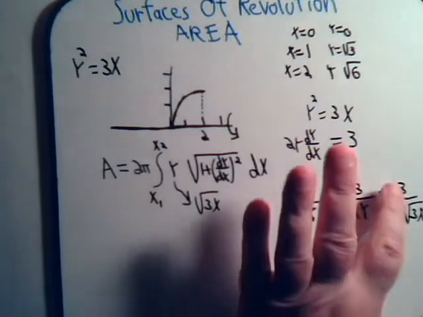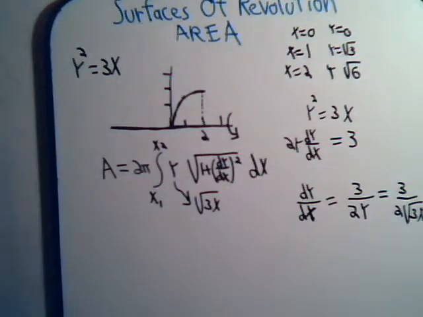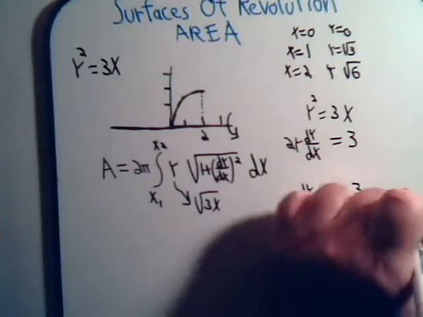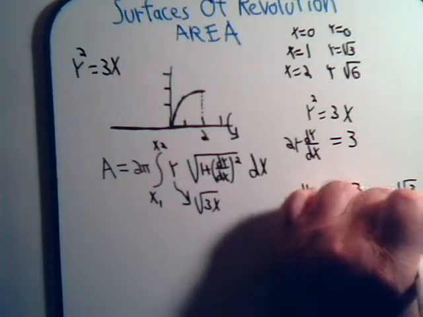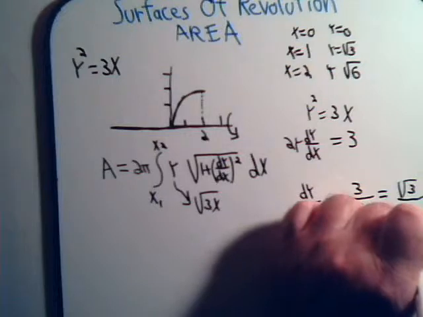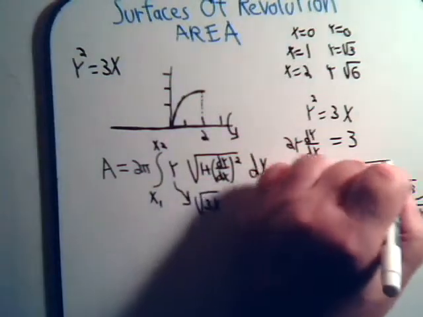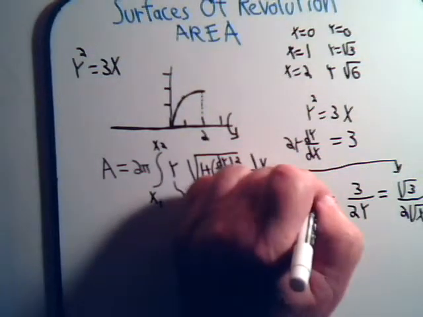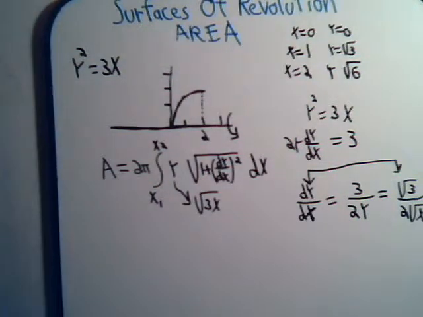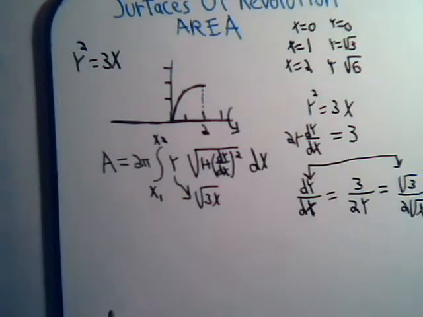Or, with the square root of 3 on top, square root of 3 divided by 2 times the square root of x. So there's our dy dx.